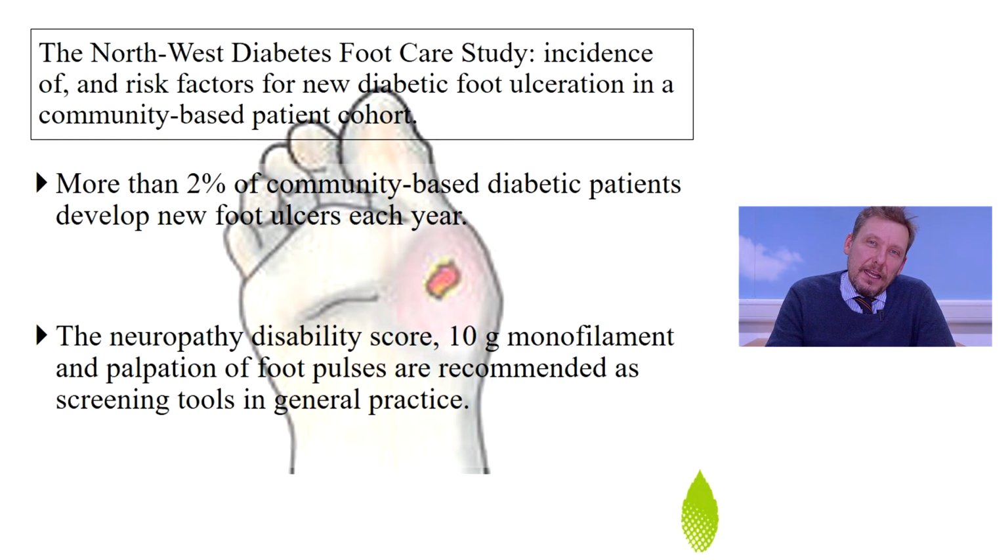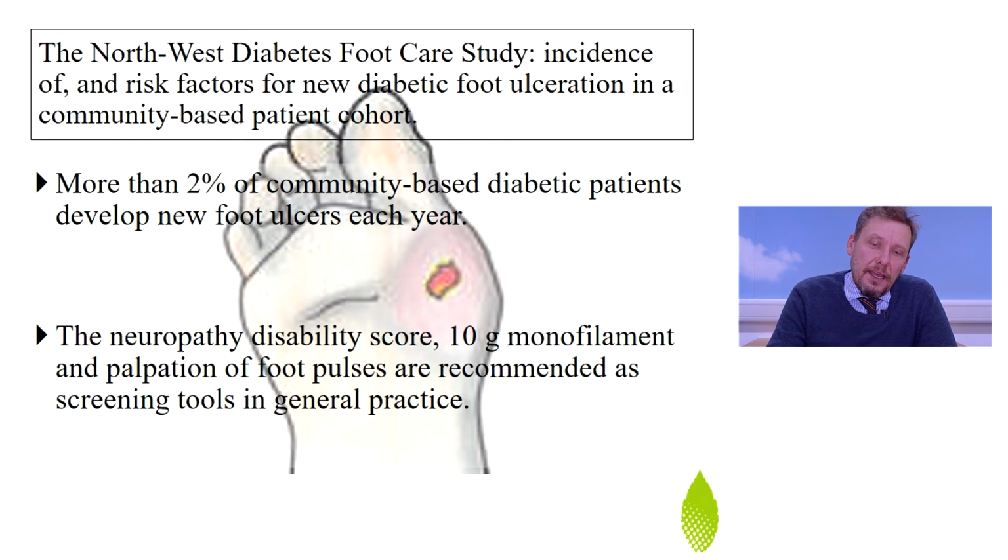Just to illustrate the real importance of foot checks and surveillance to reduce the risks of diabetic foot ulceration in people with neuropathy, there is lots of epidemiological evidence to link this, and this is just one community-based study, the Northwest of England Diabetes Foot Care Study, which looked at the incidence of and risk factors for new diabetic foot ulceration in a community-based patient cohort.